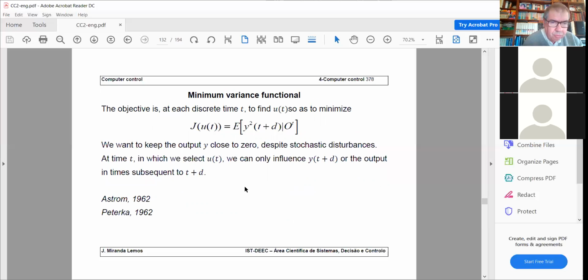In the LQ control, we have a term R times U squared, which is not here. This is one reason for the trouble, because with that weight, if U starts to grow, the J grows.